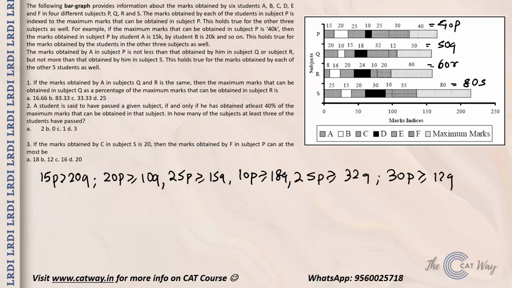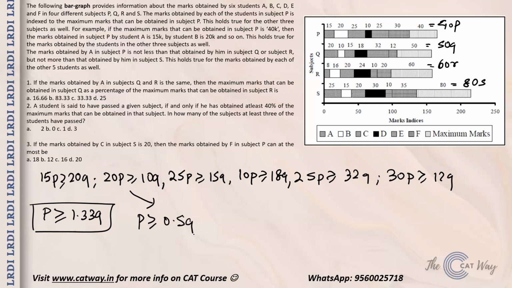So this is the relationship that we have, and each of them needs to be satisfied. Every single one of them needs to be satisfied. So what do you get from here? You get that P is greater than or equal to 1.33Q. But over here, you get P is greater than or equal to 0.5Q.